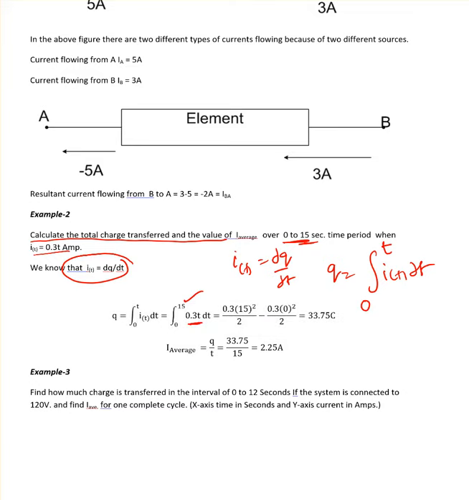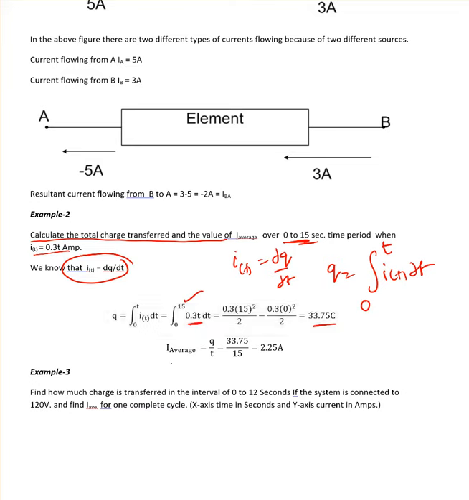If you integrate this, integration of 0.3 t is 0.3 t squared over 2. Substitute upper limit minus lower limit, and we end up with 33.75 coulombs. So in 15 seconds, it transferred the total charge of 33.75 coulombs.